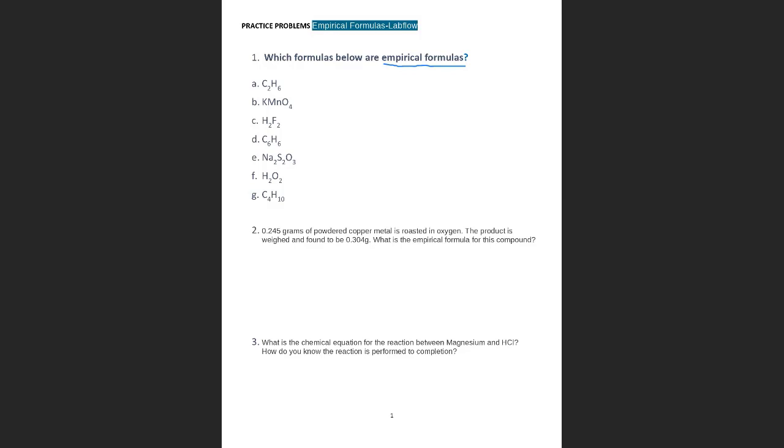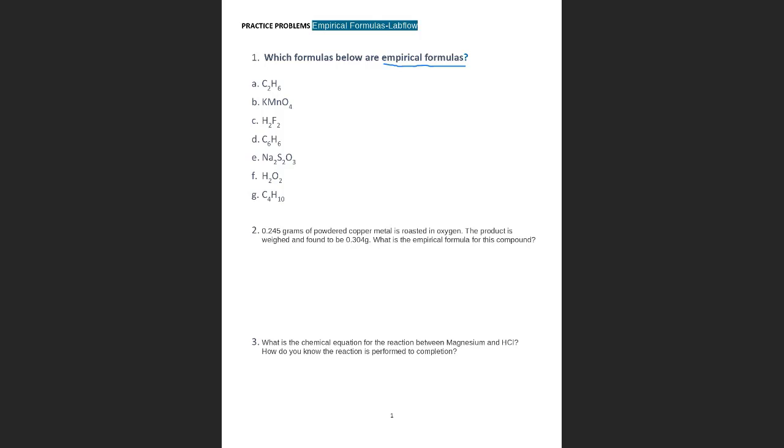So what is an empirical formula? An empirical formula, we said, is the lowest whole number ratio of the elements in a compound.